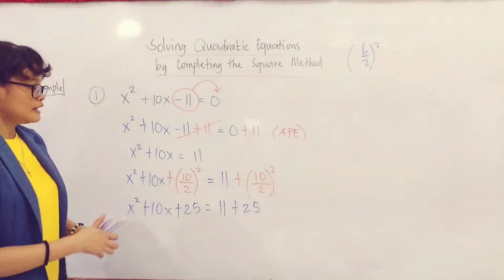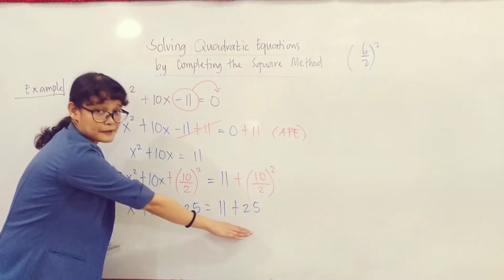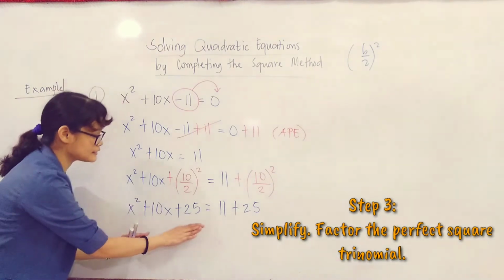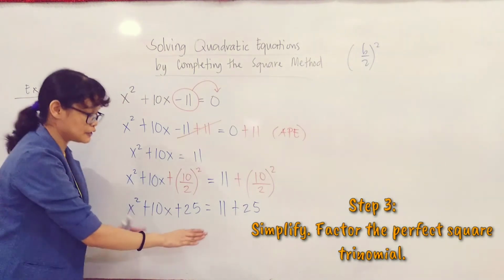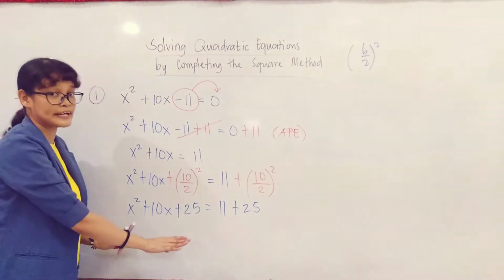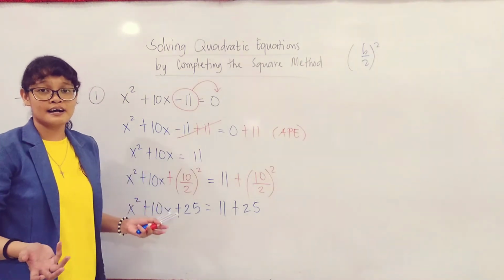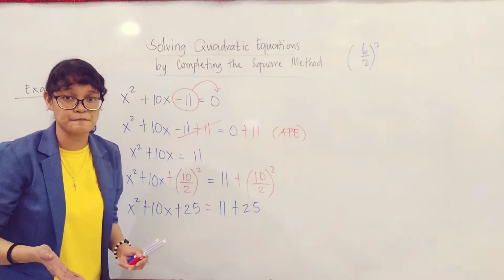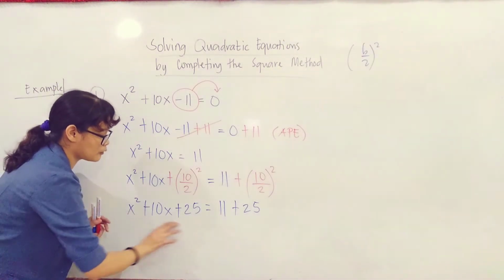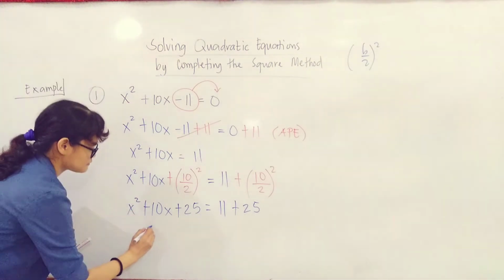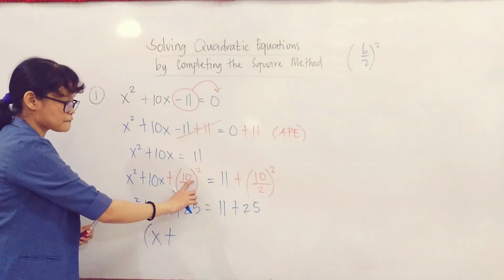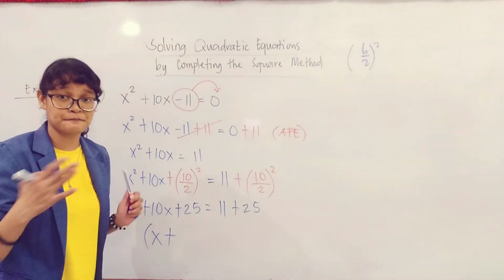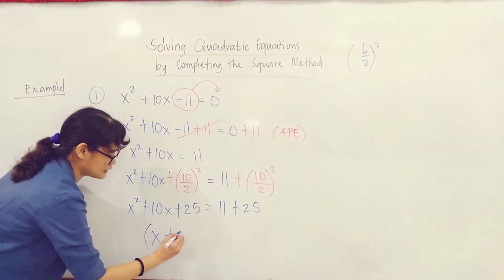Next, simplify the right side of the equation, and as for this trinomial, you have to factor this one out. And you know that the factor of a perfect square trinomial is simply the square binomial form. So we can rewrite this trinomial as x plus, ano yung half ng 10 kanina? Diba? Positive 5. So yun yung ilalagay natin dito.